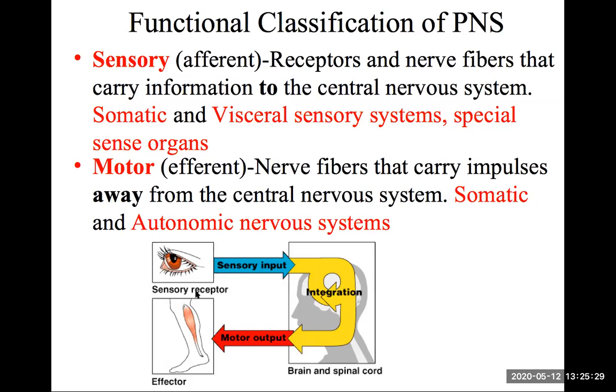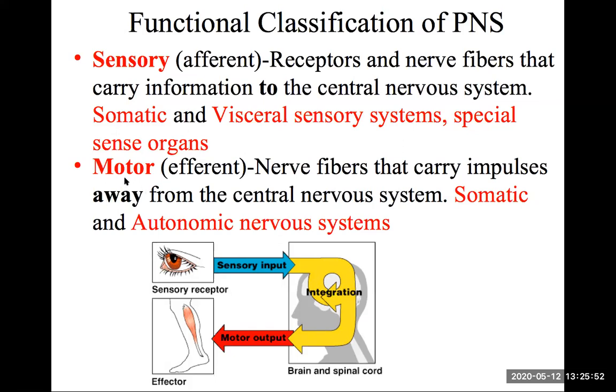If you look at this visual, everything that is gathering information and sending it into the central nervous system is considered sensory or afferent. This includes the somatic and visceral sensory systems that we'll talk about, as well as the special sense organs. More on that in a little while.